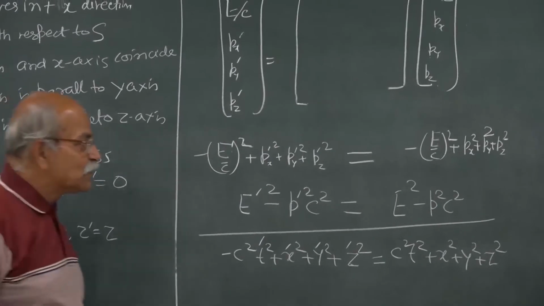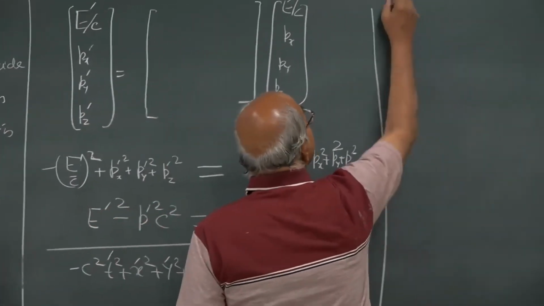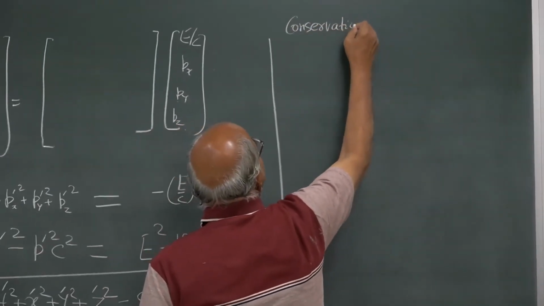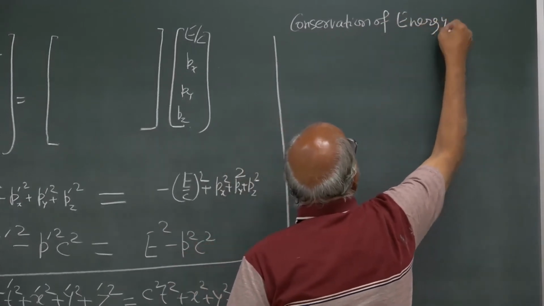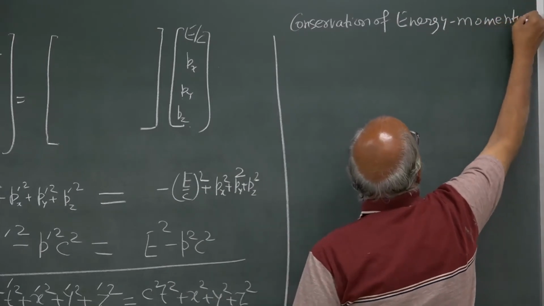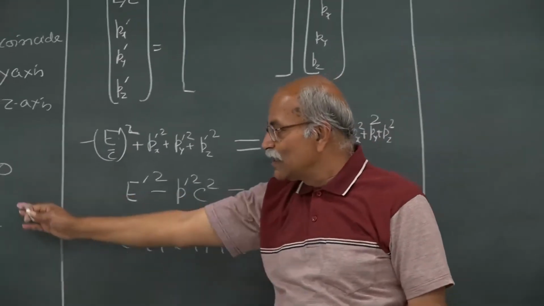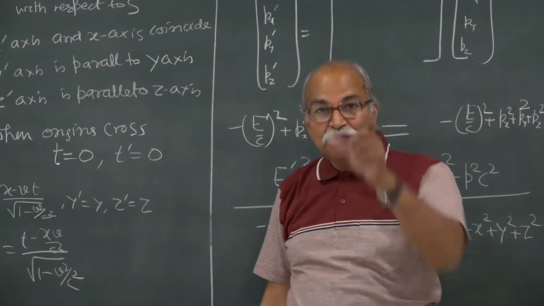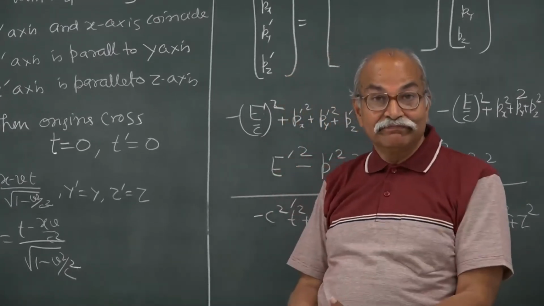Now, the last thing I want to say in this lecture is the conservation of energy momentum. You have seen from the position 4 vector, the space coordinates and time coordinates get mixed up.